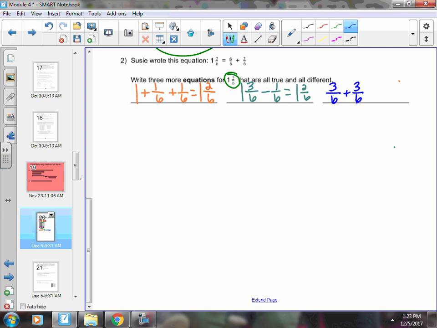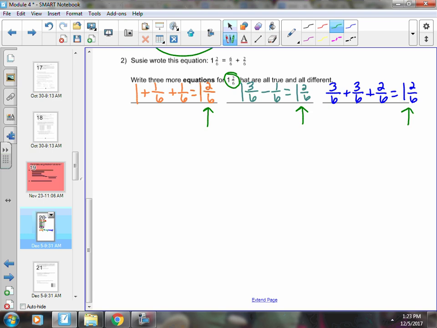Right? That's 6/6 or 1 whole. Plus another 2/6. That equals 1 2/6. There are a lot of possibilities. As long as it equals 1 2/6 and it's an equation, it will be acceptable. So notice that each equation equals what it's supposed to.